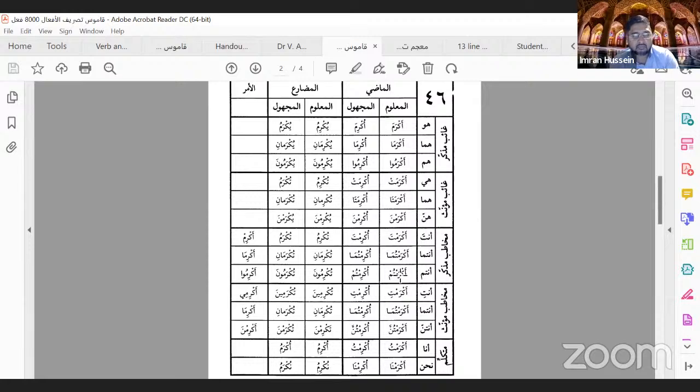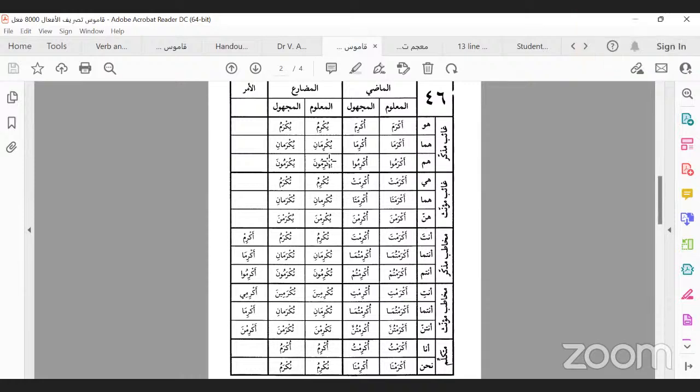When you look at the present tense verb, akrama yukrimu, I think I mentioned last week, there are two tips which will allow you to understand from the present tense verb that this is a four-letter verb's present tense. Do you remember them?